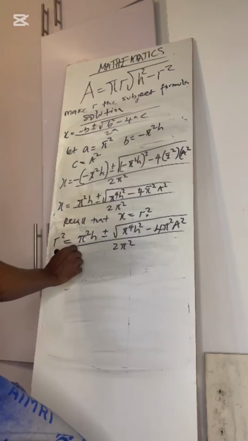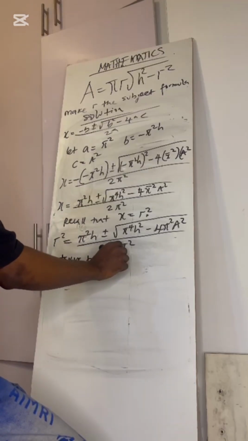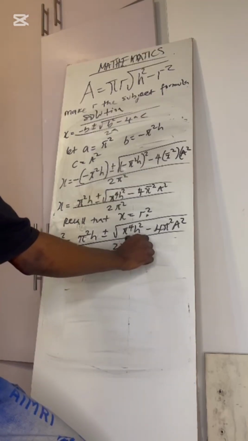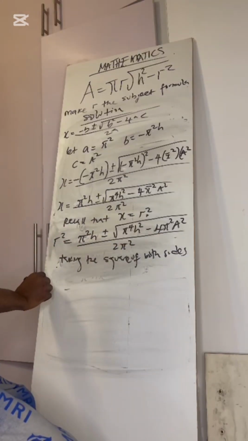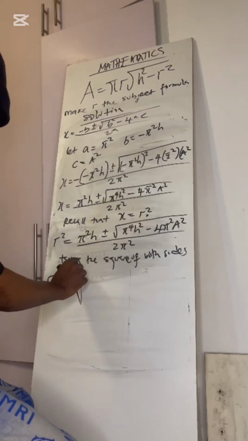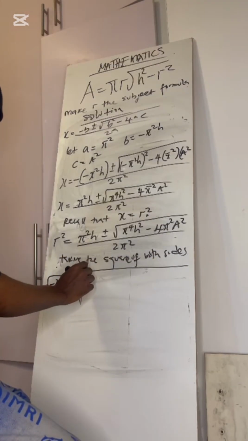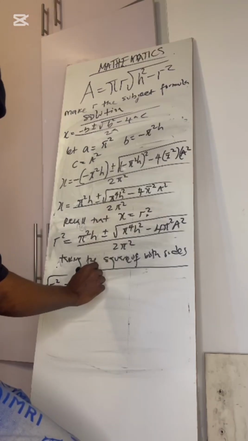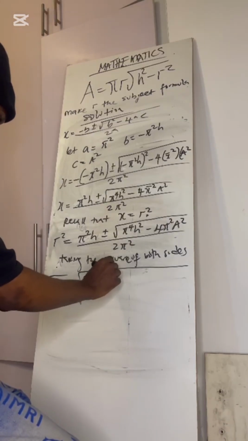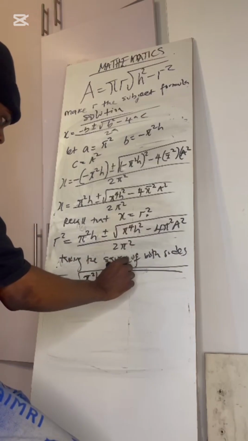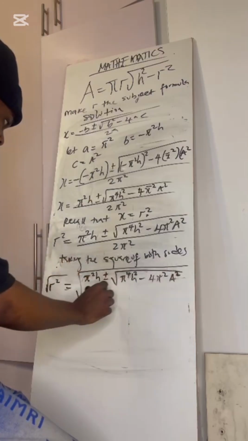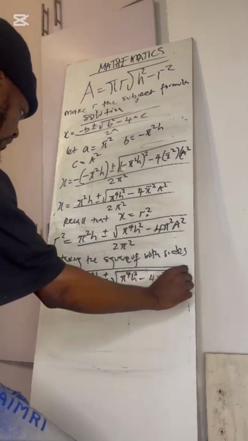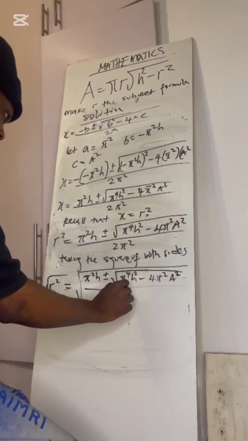So taking the square root of both sides, we are having r square is equal to the square root of pi square h plus or minus the square root of pi to the power 4 h square minus 4 pi square a square, all over 2 pi square.